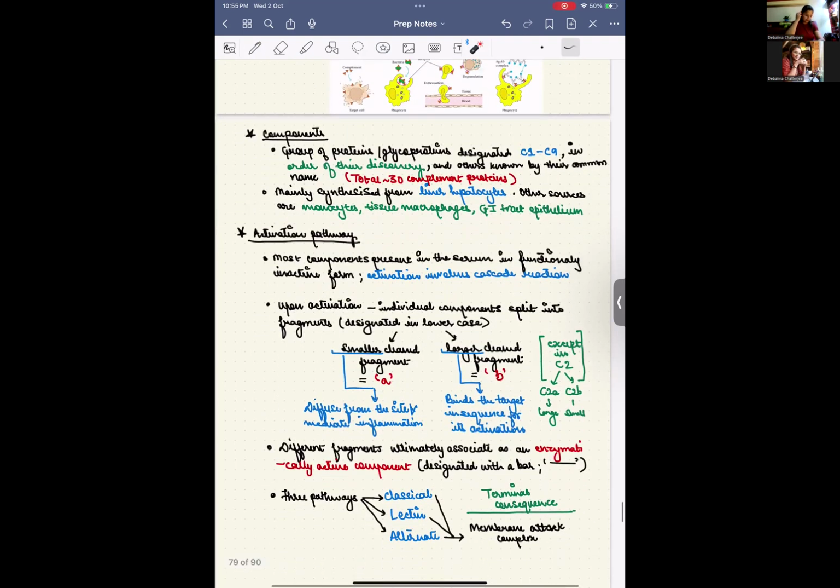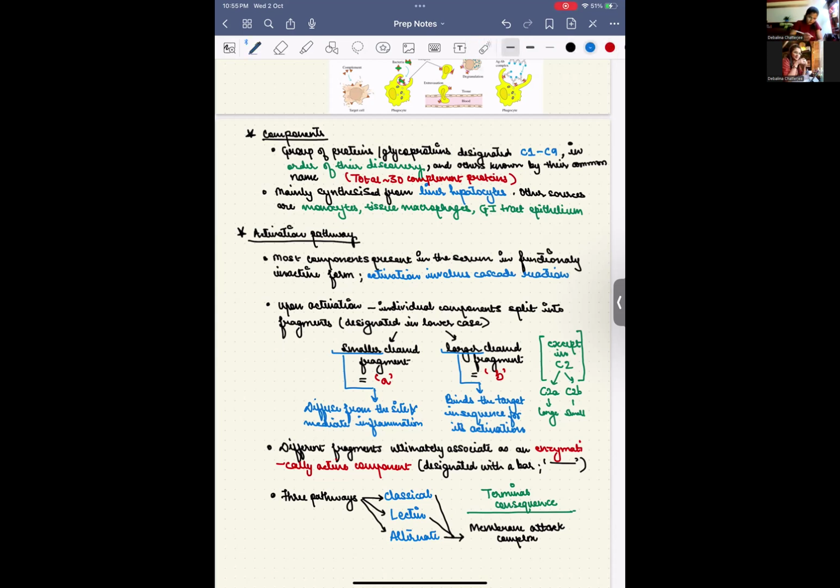Now, the activation pathway. Proteins that are present in your circulation are not activated in themselves. They are in their inactive form, and there has to be activation of one molecule, which then activates the next in line. This next molecule will then activate the next protein in line, and that's how cascade induction happens, right?